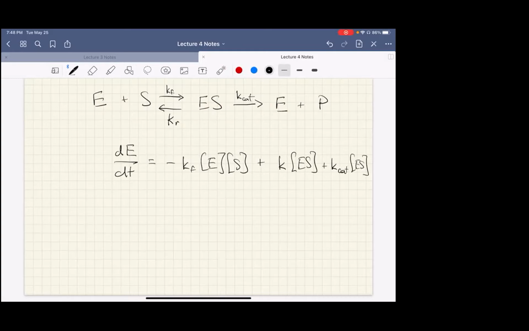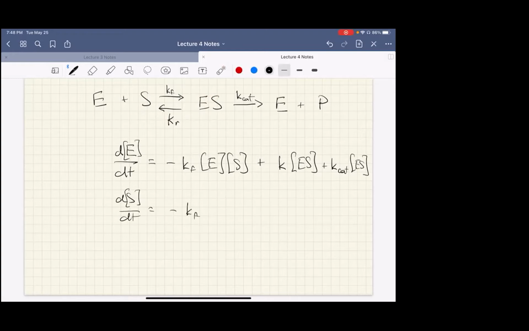S is similar, dS. Sorry, that should be square brackets there. dS by dt. Okay, again, I lose S going this way, so that's the forward reaction.